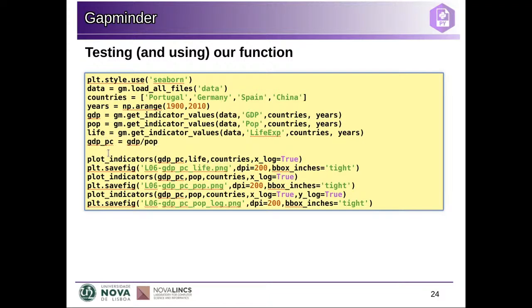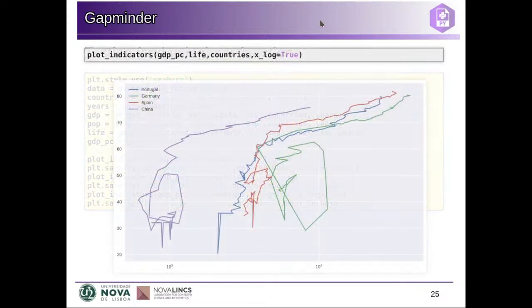And now we can do different plots. For example, let's use per capita GDP on the x-axis and life expectancy on the y-axis for these countries, using a logarithmic scale on the gross domestic product. So this would be this example here. We're seeing life expectancy as a function of GDP per capita, but putting this scale in logarithmic.